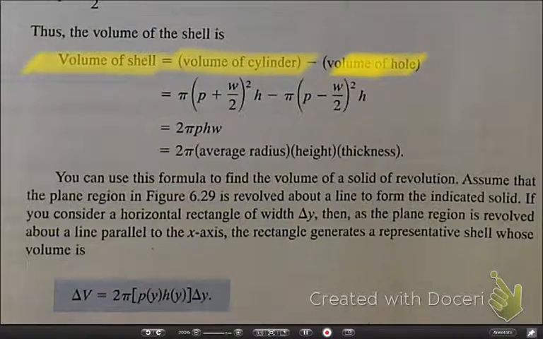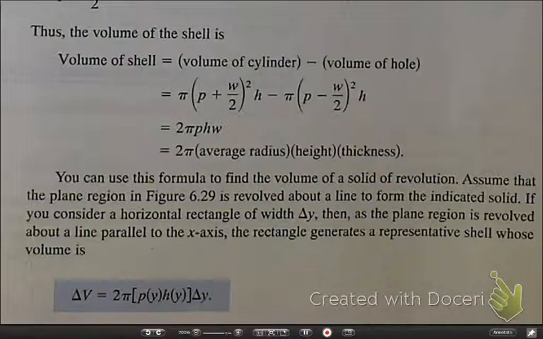If you go back and look at the picture we were just looking at, the outermost cylinder would have a radius of P plus W over 2, and the inner cylinder a radius of P minus W over 2. When we do the outer cylinder volume minus the inner cylinder volume, it gives us the volume of whatever's left over.